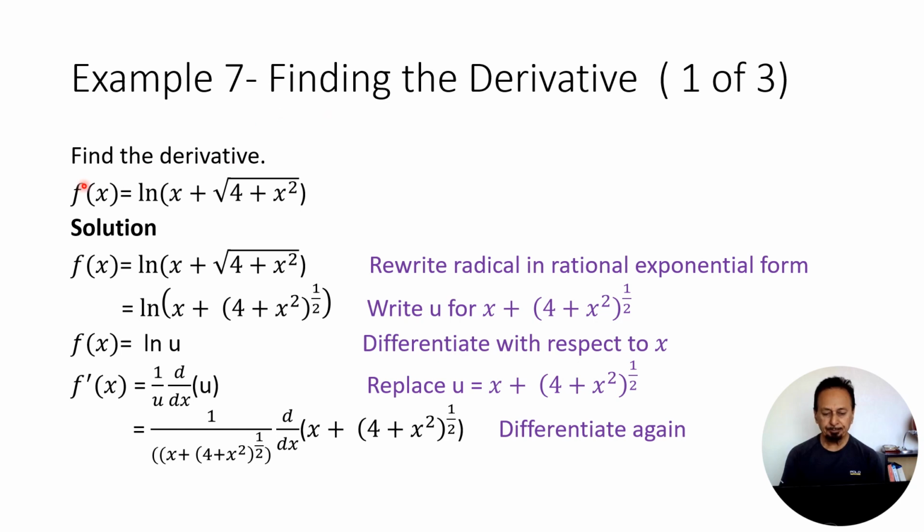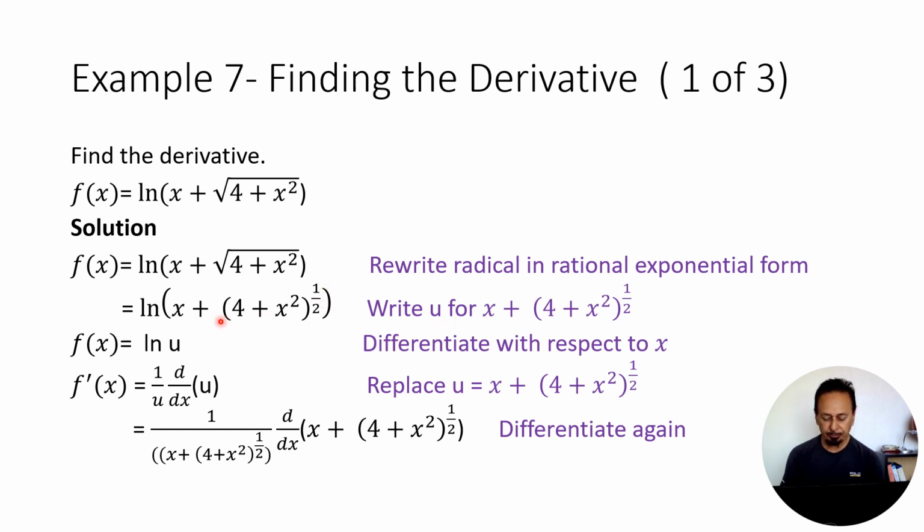Example 7, find the derivative of f of x equal to natural log of x plus square root of 4 plus x squared. Now let's rewrite the square root into rational exponent form. So we have f of x equal to natural log of x plus 4 plus x squared to the power 1/2.